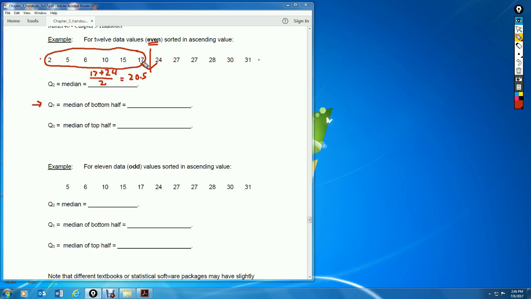Again, it's an even number, so the median of those 6 numbers is going to be right in the middle here. It's the mean of these two numbers, in other words, 6 plus 10 divided by 2, or 8.